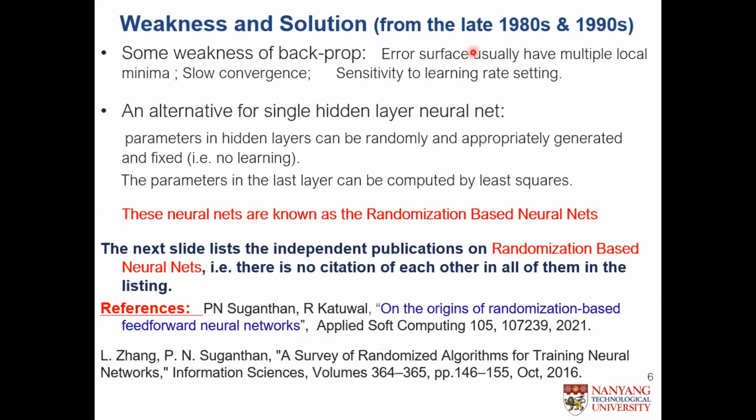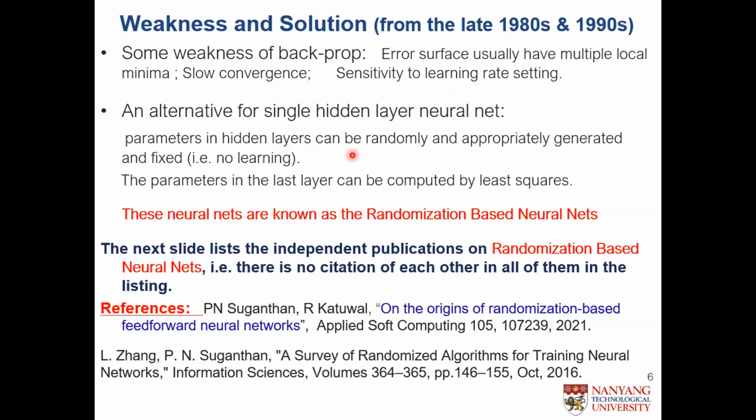So in the late 80s and early 90s, researchers identified some weaknesses of the backpropagation training algorithm. The error surface usually has multiple local solutions, slow convergence, parameter selection problems, and so on. As an alternative method, researchers suggested randomization-based approaches.